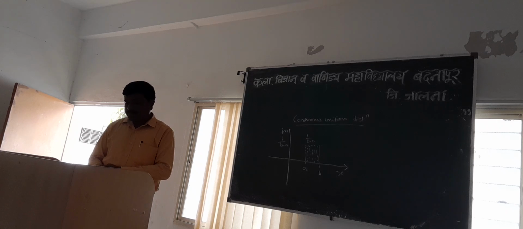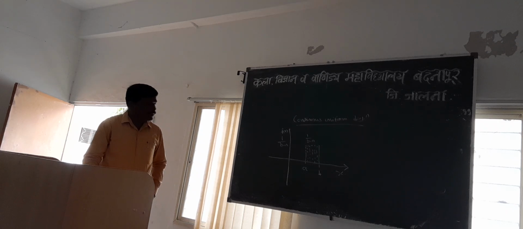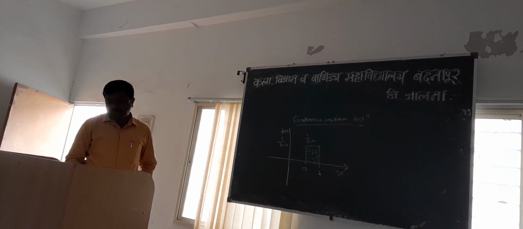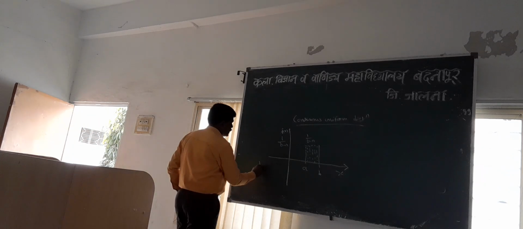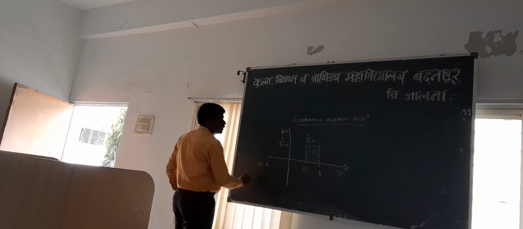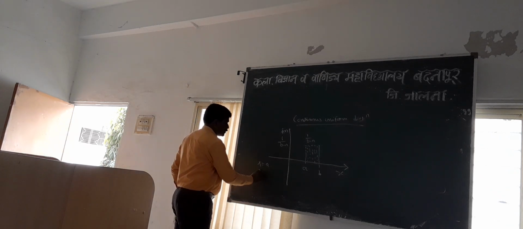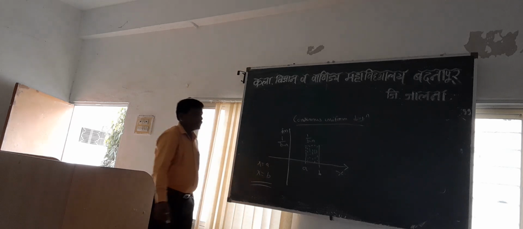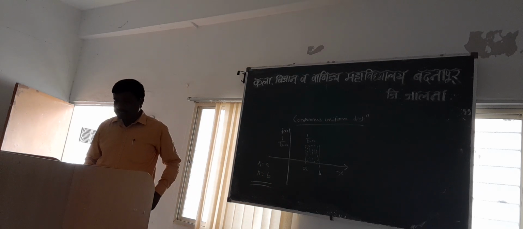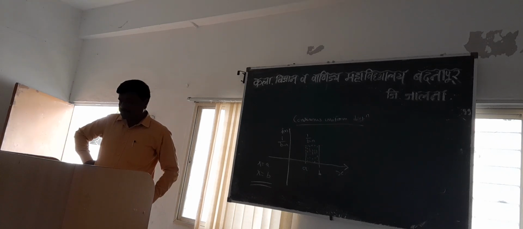On the graph, the probability density function describes a rectangle over the x axis and between the ordinates at x equal to a and x equal to b.